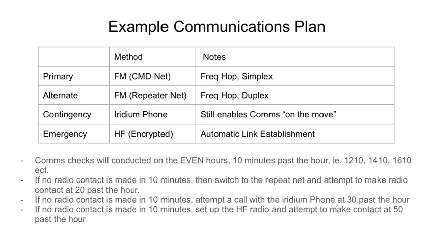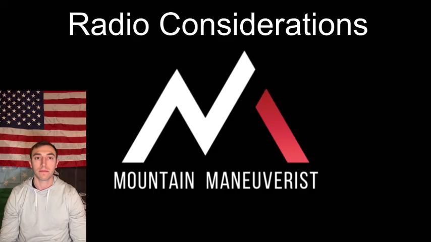And then with HF, you're talking radio to radio, so that's pretty reliable, but it's very inconvenient because you need to carry around an extra radio, and when you want to use it, you need to stop, set up security, and create an antenna that is long enough for the frequency you want to talk on and is at the correct angle. So that was a short introduction to radios.